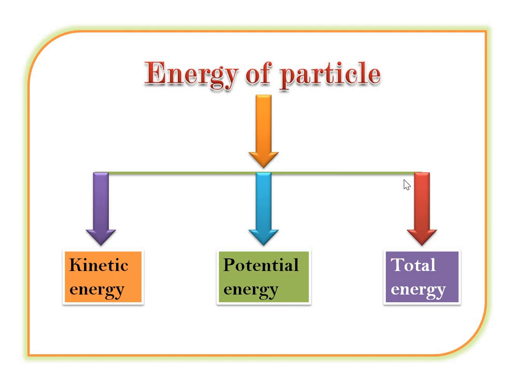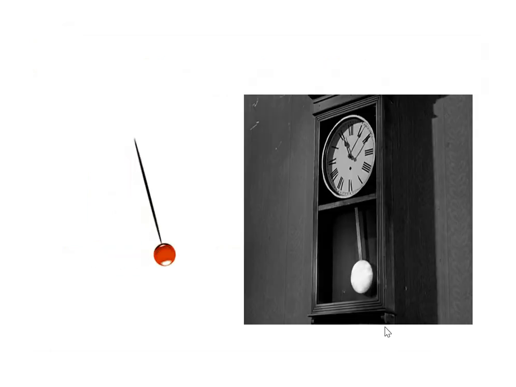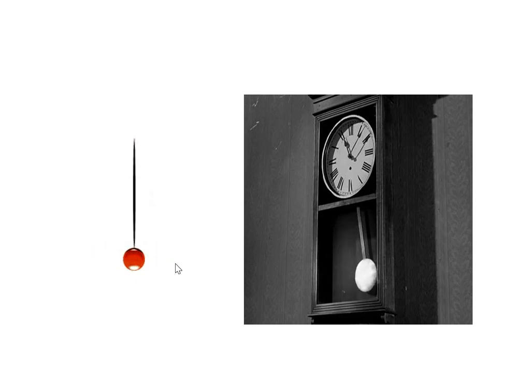So let's see one by one. First, see these images. A simple pendulum performing simple harmonic motion about its mean position, and a pendulum clock also performs simple harmonic motion about its mean position.